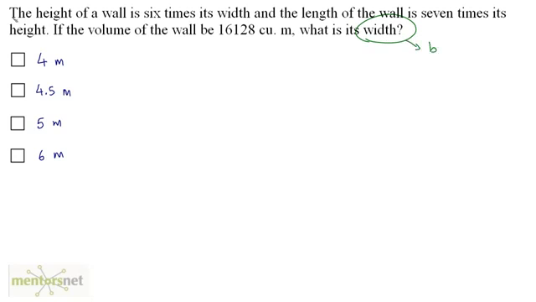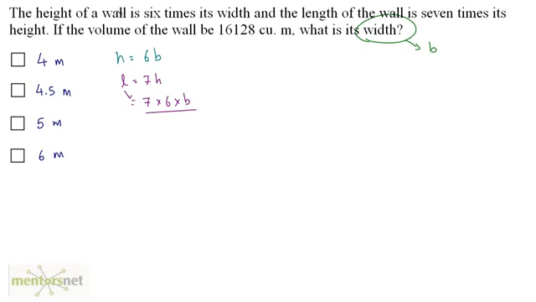Now we have been given that the height of the wall is 6 times its width. So I can say that H is equal to 6 times B. And we have also been given that the length of the wall is 7 times its height. So I can say that length is equal to 7 times H. Well, H is 6B. So I can say that the length is equal to 7 times 6 times B.